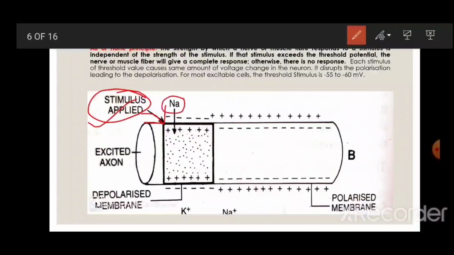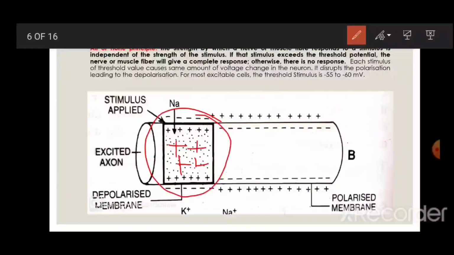And then if this membrane receives a stimulus, applied from here, then voltage gated sodium channels open in the region of the stimulus, and there is a large influx of sodium in this region. Due to this large influx of sodium, there would be an increase in the positive charge, and this positive charge would lead to the change of the polarization in this particular region.